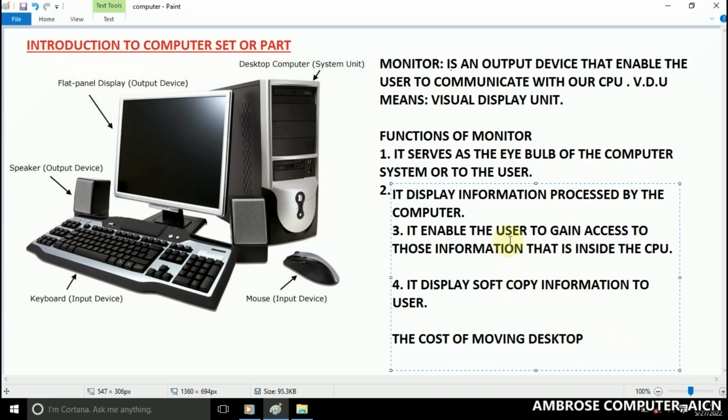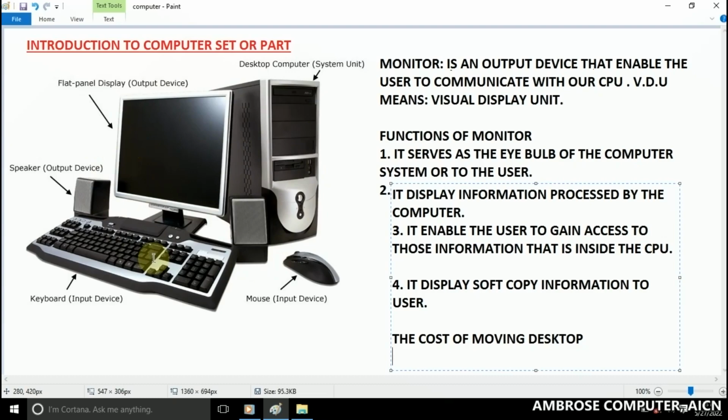All right, because of what? All the components, all the units, are separated from each other. But in a laptop, all the units are compacted in one form.